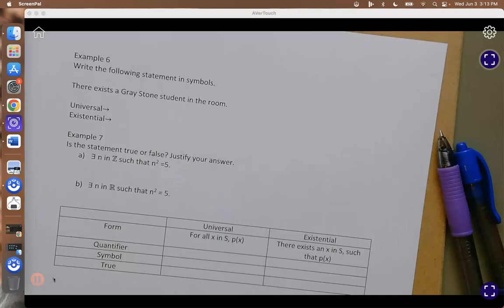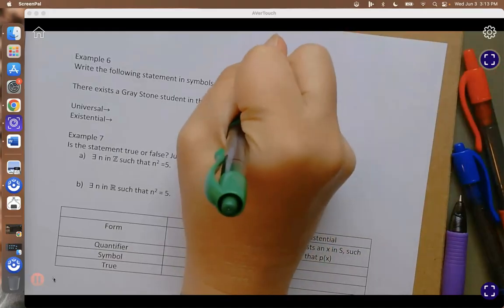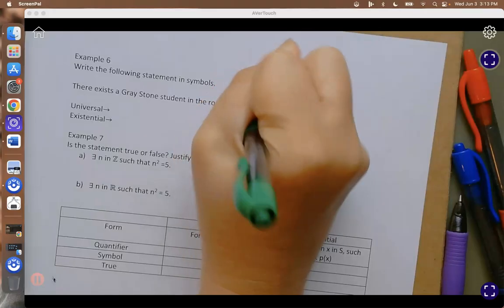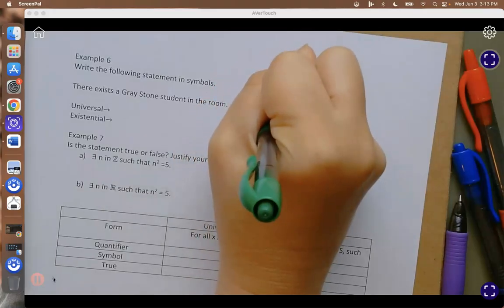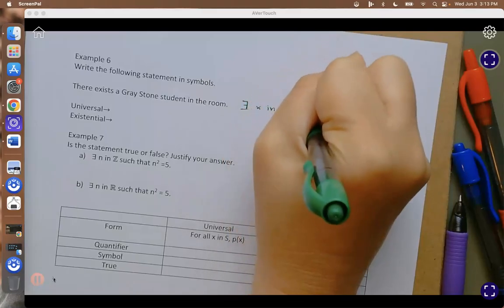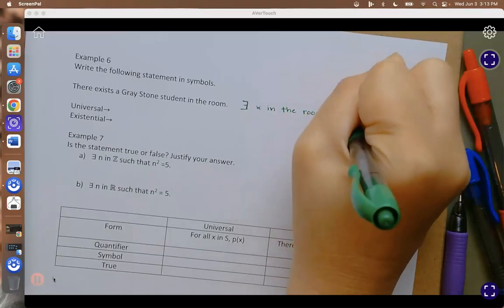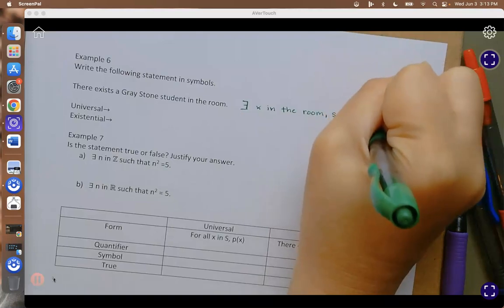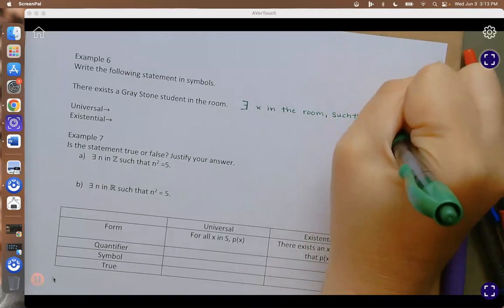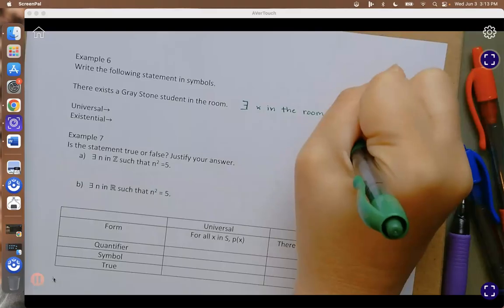All right. There exists a Greystone student in the room. We need to write that in symbols. Okay. So there exists x in the room such that x is a Greystone student.